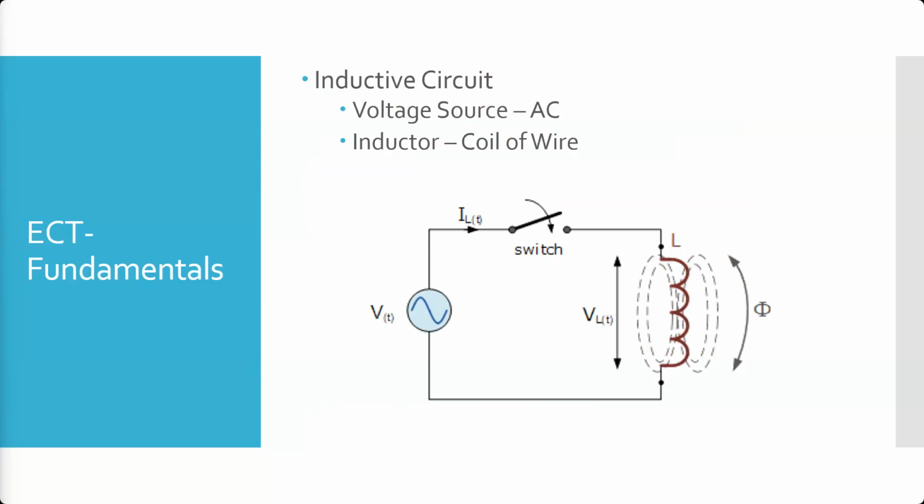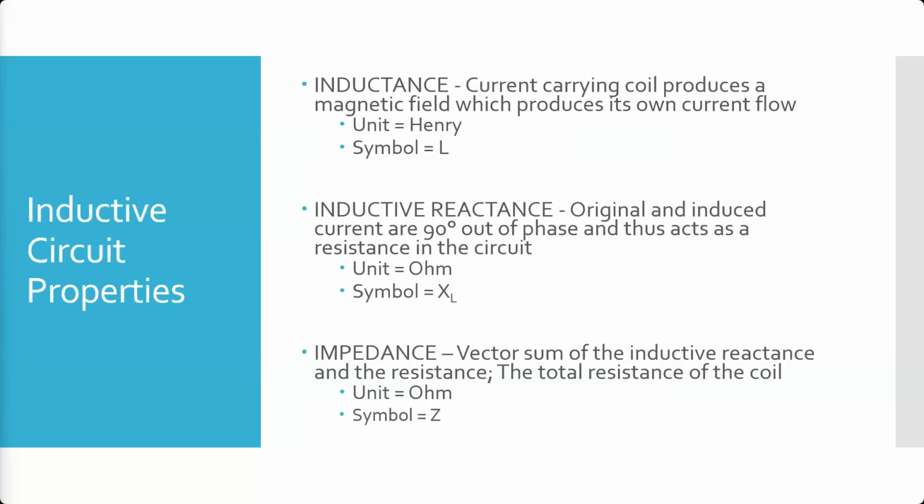That magnetic field, as it builds, it's going to start to oppose the flow of current. The way that field builds will affect how much pushback it creates, how much it impedes the flow of current, or it causes impedance.